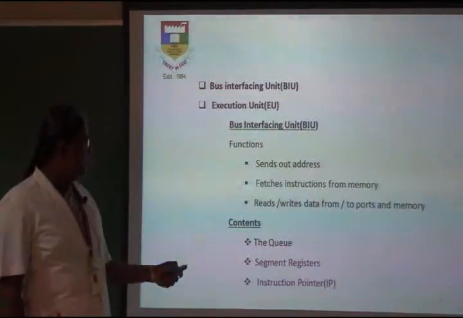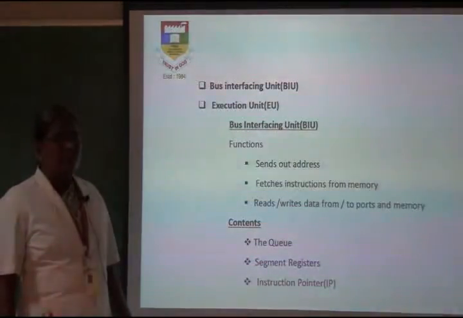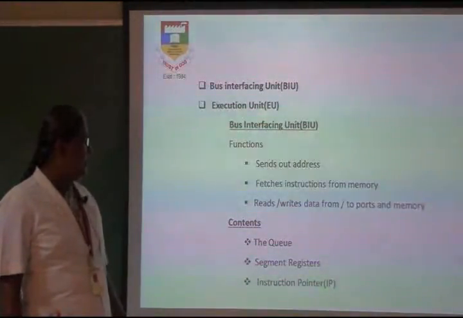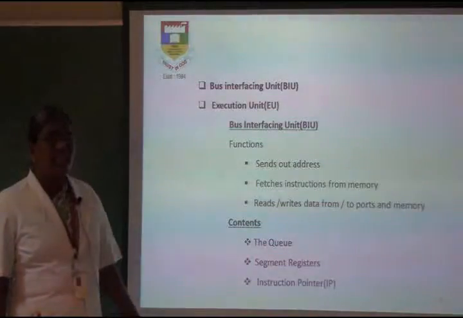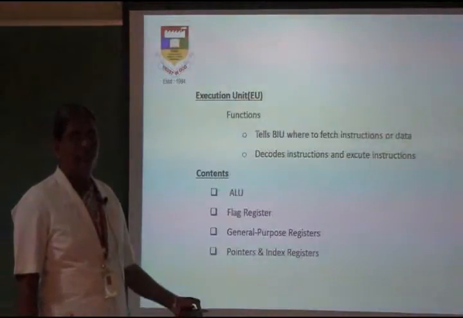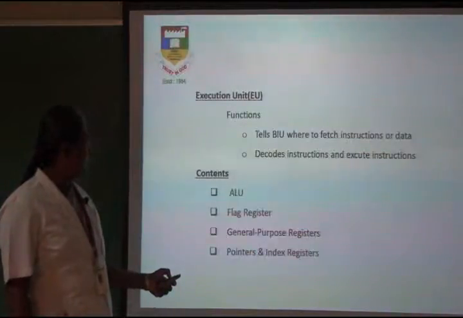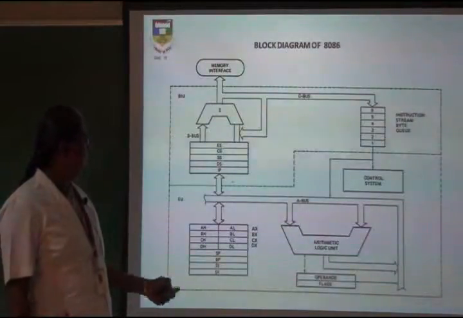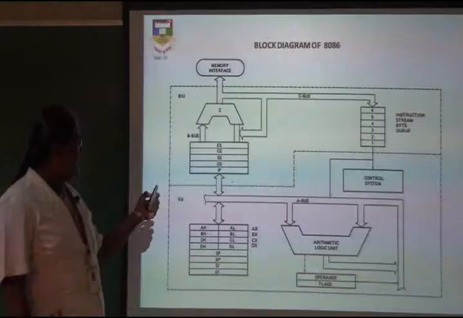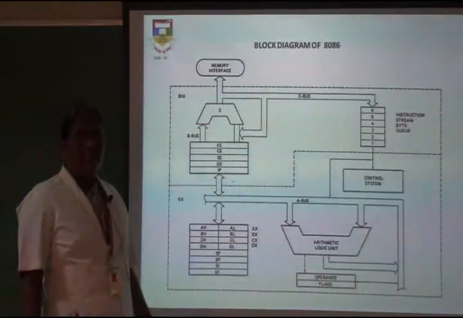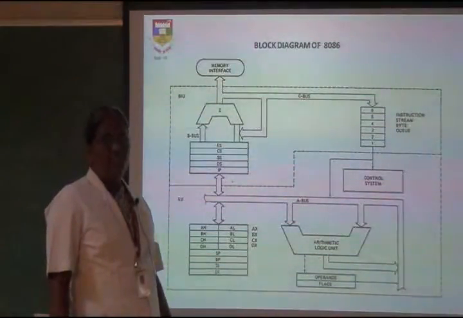Then the contents of the bus interfacing unit are the queue register, segment registers and the instruction pointer. The segment register stores the base address of the segmented memory.